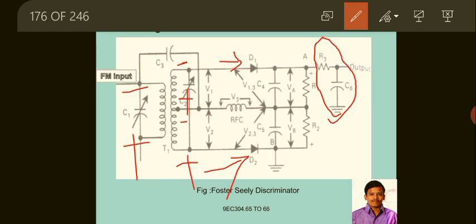If you look at the diagram of the AM detector, de-emphasis is not present in AM, because only in FM, to improve the signal to noise ratio or to decrease the noise effect, we do pre-emphasis at the transmitter, and similarly de-emphasis is used at the receiver. That is done after demodulation.